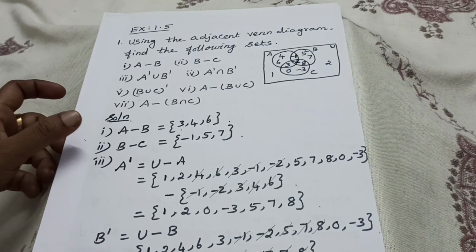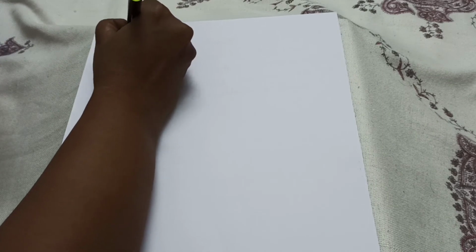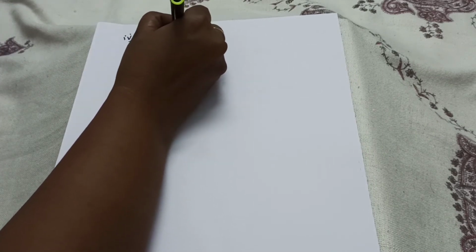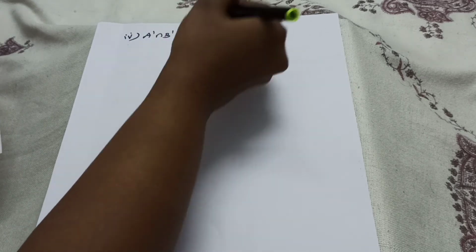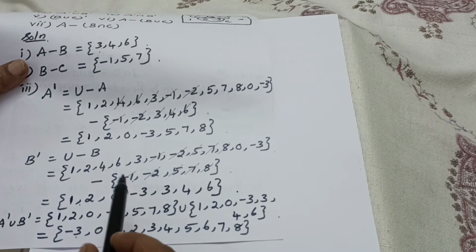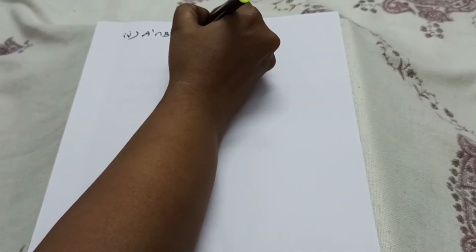Next, fourth subdivision, A dash intersection B dash. Okay, then A dash intersection B dash is these two common, A dash and B dash. Which is common? 0 is there, minus 3 is there, that both common we have to write.